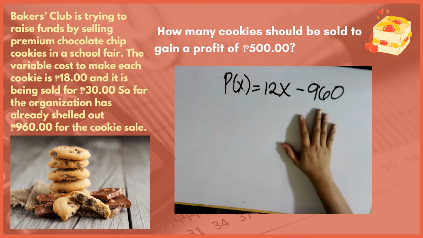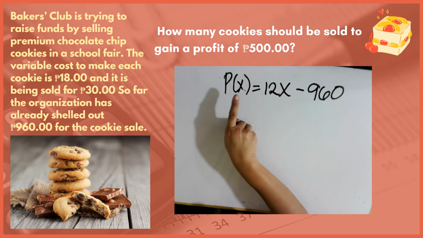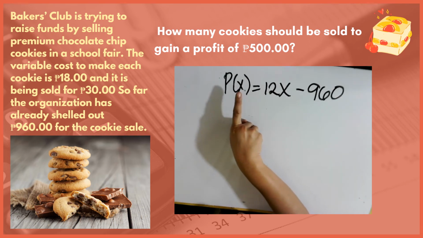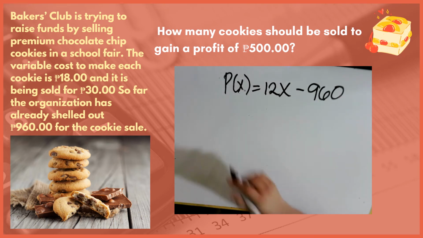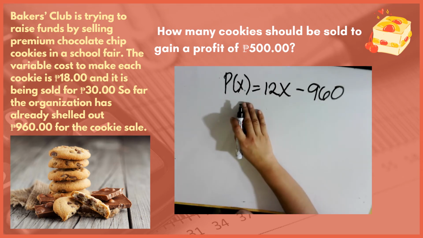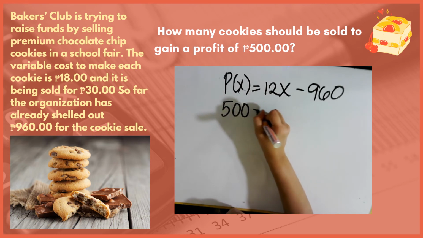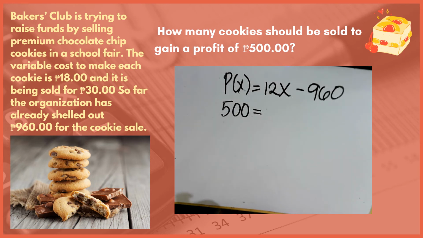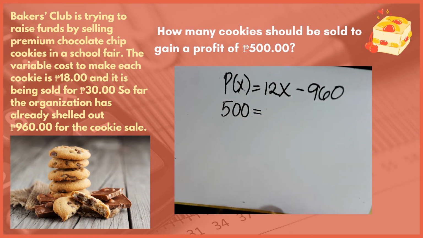So, ang profit dapat ay 500. Kaya, i-replace natin yung P of X by 500 dahil yun ang ating nais na kitain. At ang aalamin natin ngayon ay kung ilan dapat ang cookies na maibenta upang kumita ng 500 pesos.